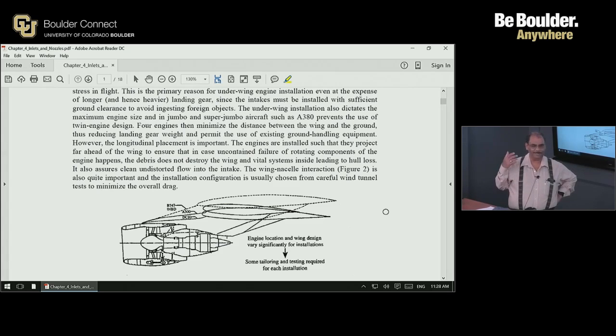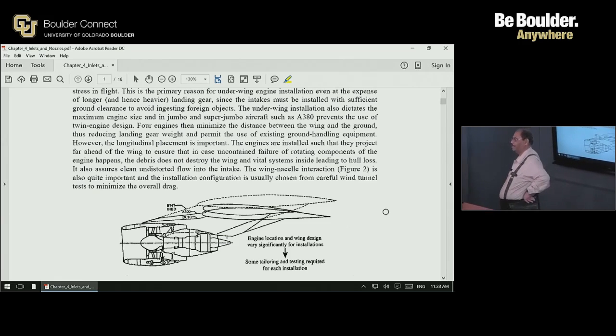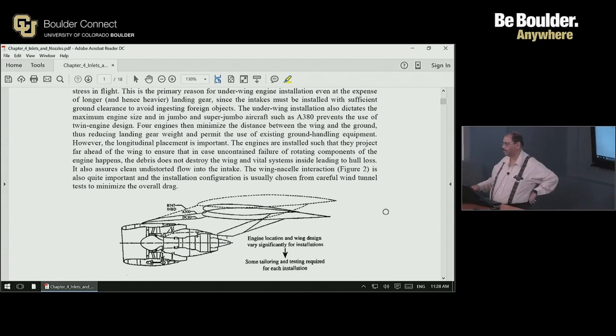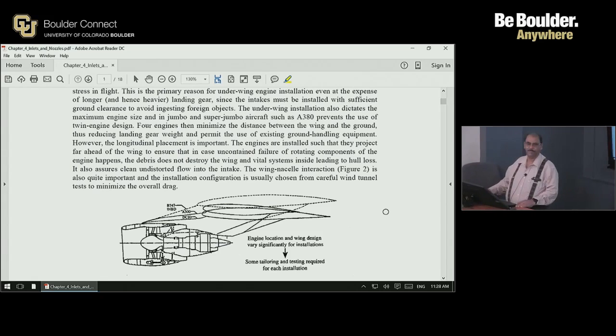For example, when A380 was designed and put into operation, they had to design special gates because it's a double-decker. So to accommodate quick passenger embarkation, disembarkation, the gates had to be specifically designed for the A380.